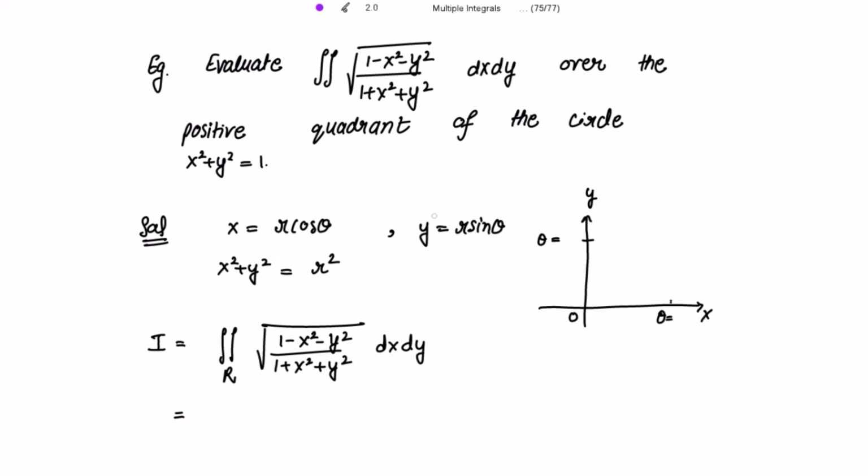When we calculate this, we get x square plus y square equal to r square equal to 1, which implies the radius is 1.